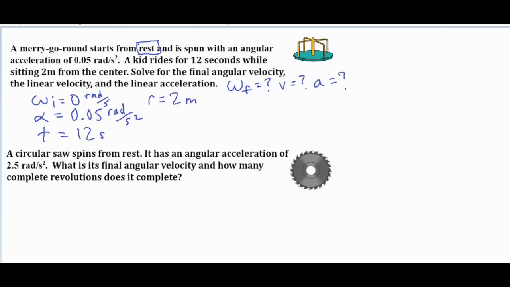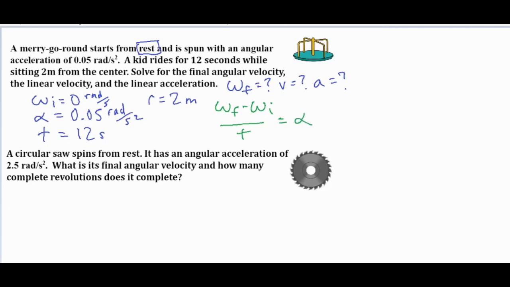All right, now with those different values, we can go ahead and find omega f. We can use the formula final minus initial over time equals alpha, and it looks like we have all the variables we need to find that unknown.